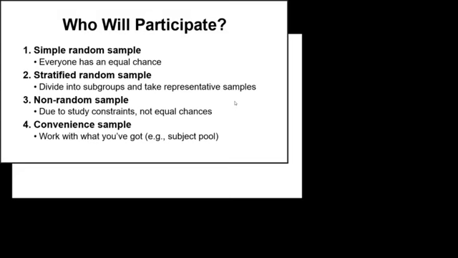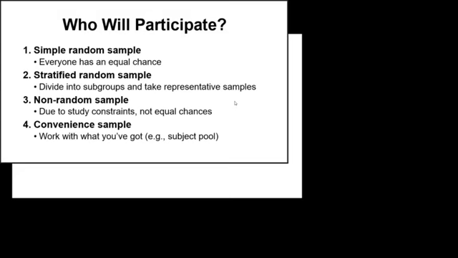So that doesn't exist, and we have to find a best case scenario, an alternative that gets us close. Most of these will be non-random because they can't be. For the purposes of this course, we will use idealistic situations like that theoretical magical database with everyone's info that we can pull from, so we can have theoretically random samples. It's just a lot less likely in the real world.